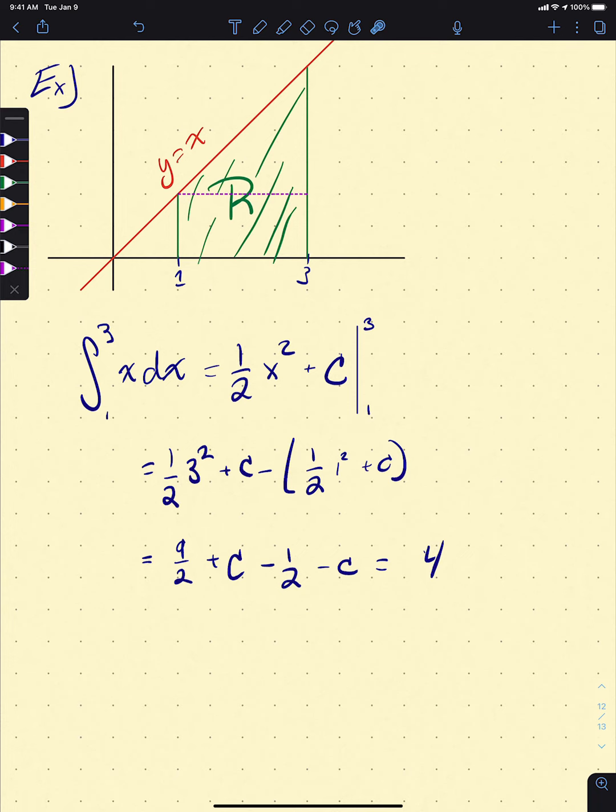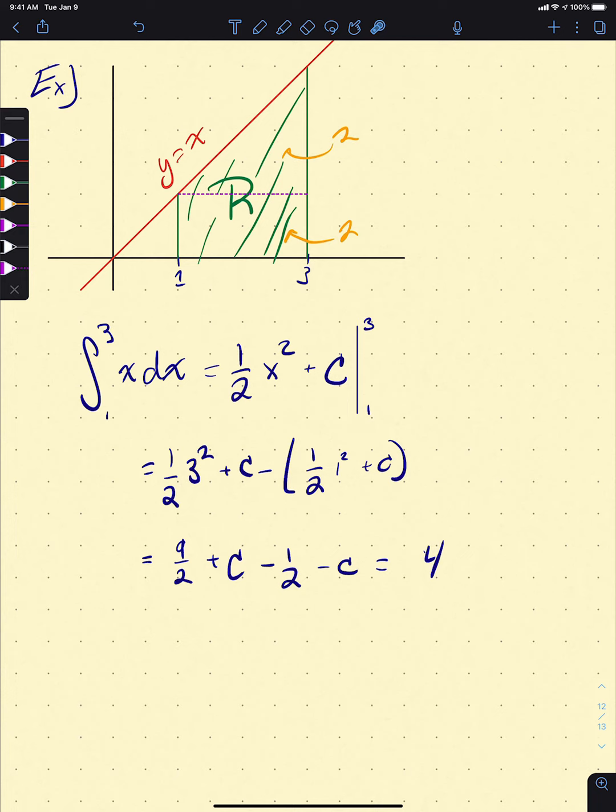And that makes sense, right? This part right here is going to have an area of 2 times 1, or 2, right? And this part's also going to have an area of 2, right? 1/2 base times height, and that one is just base times height. And so we get 4 units, okay?